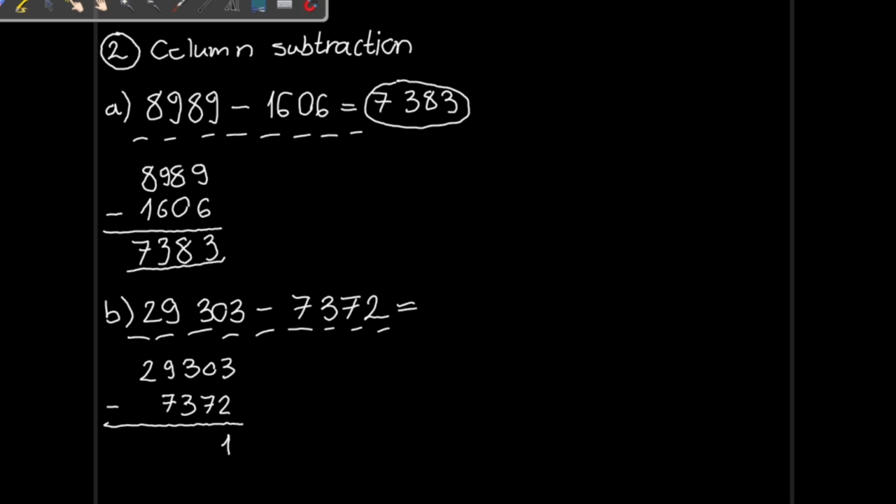So we see this 0 as 10, because we add 10 here, because originally 0 is smaller than 7, and then we subtract 10 minus 7 is 3.